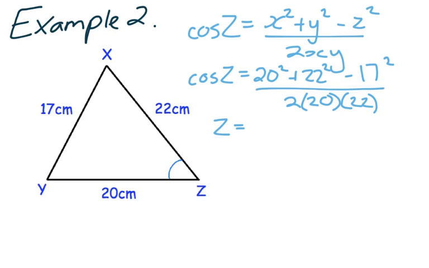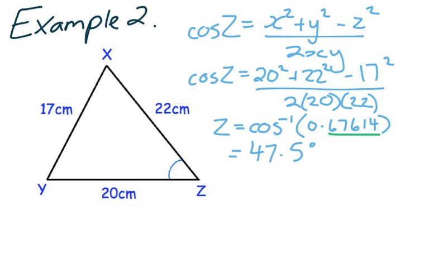And then, same as before, we have to do the inverse of it, which then works out to be 47.5 degrees to 1 decimal place. This part here, I have rounded slightly, but you'll notice I still went to 5 decimal places. Try not to round it to 1 or 2. You need to round it to at least 4 or 5 decimal places.